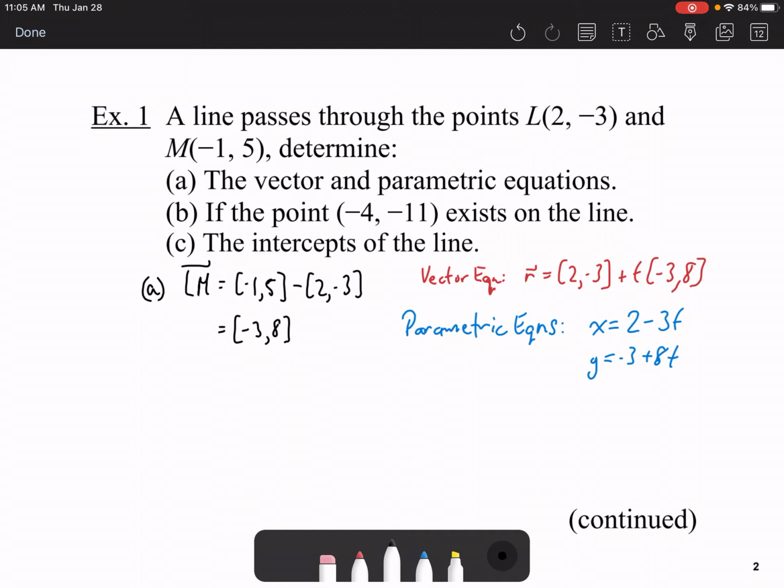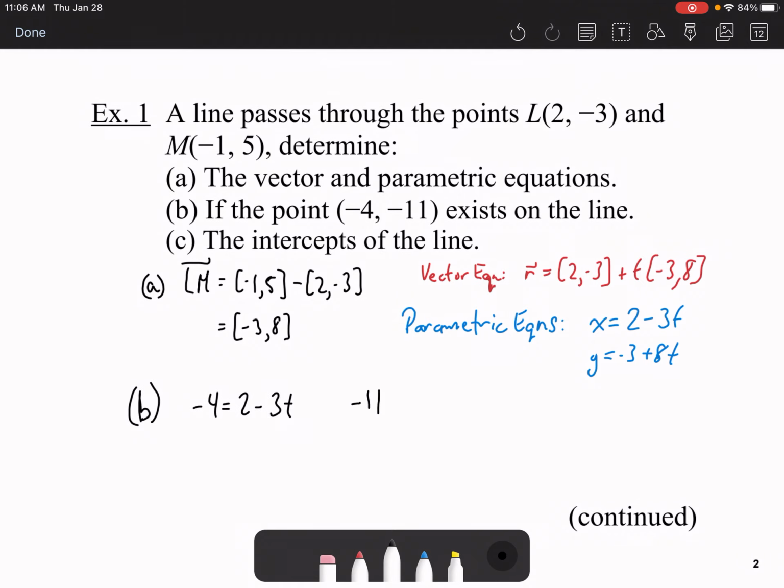Okay, so part B. What we want to do is see if the point -4, -11 actually lies on this line. That means our value of -4 is one possible value for x, so I'm going to substitute it into my parametric equation there.